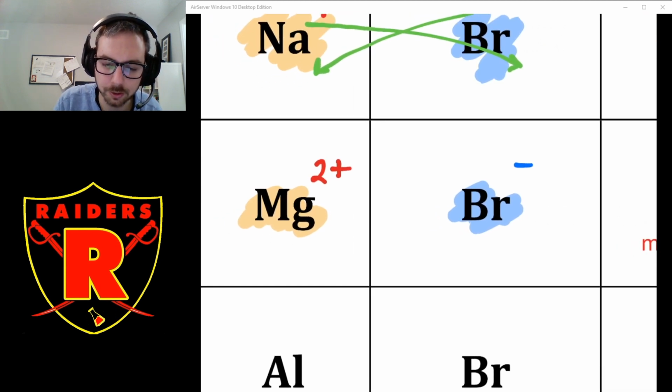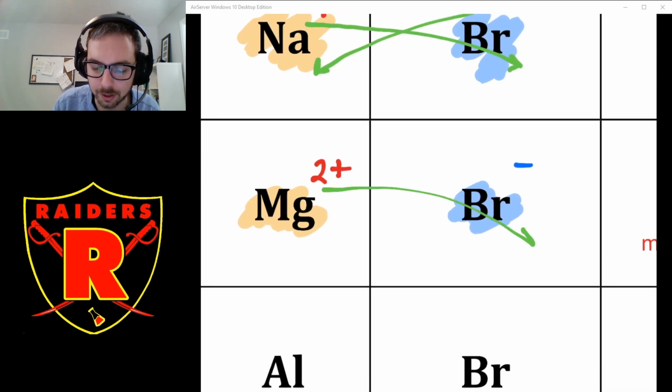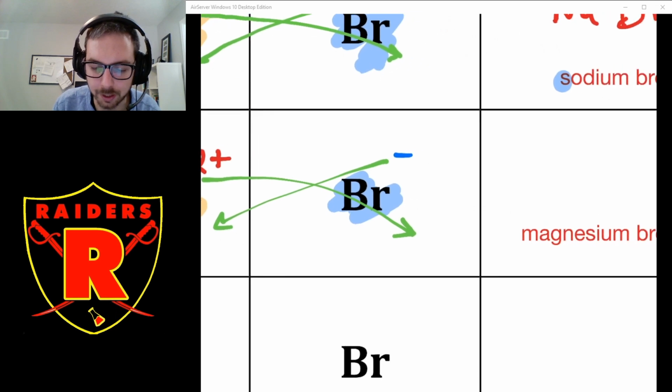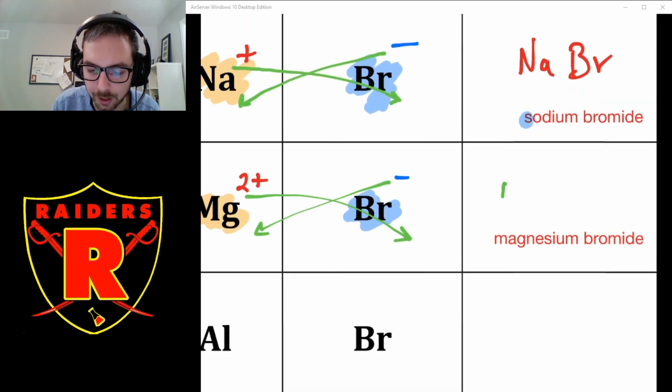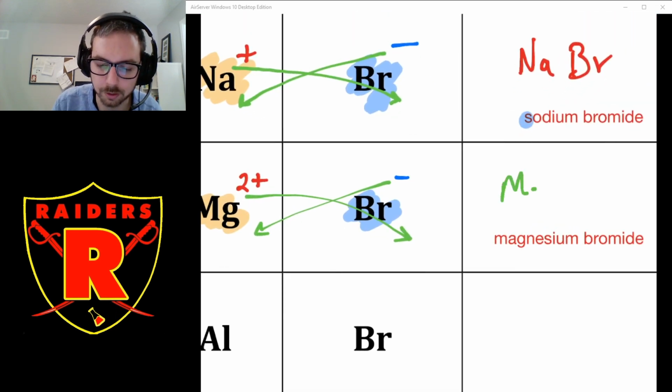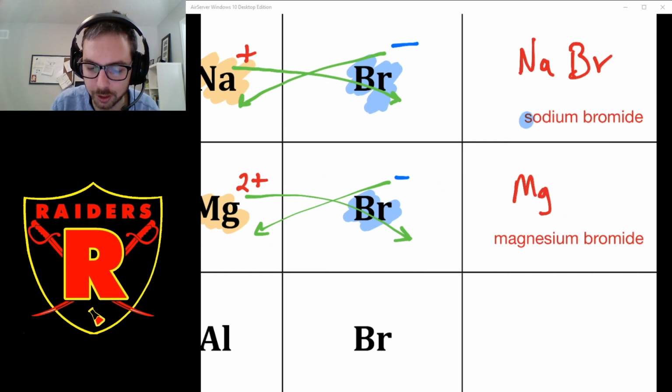So we're going to take the 2, and bring it down here, and we're going to take the 1, and bring it down here, and this is going to end up being Mg1 because we brought the 1 down, and then Br2.